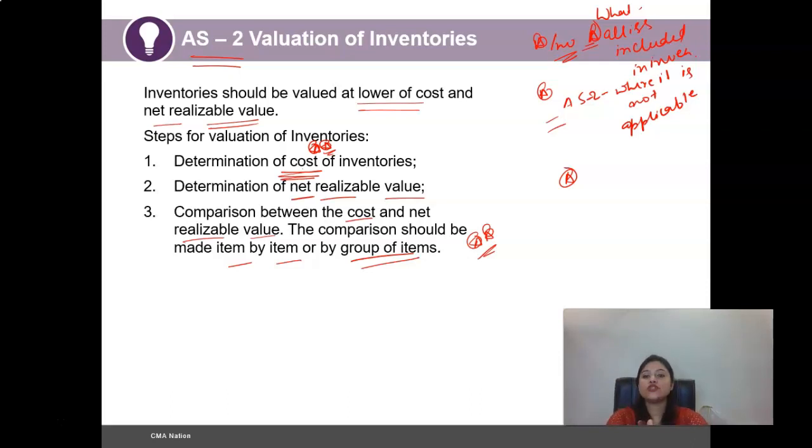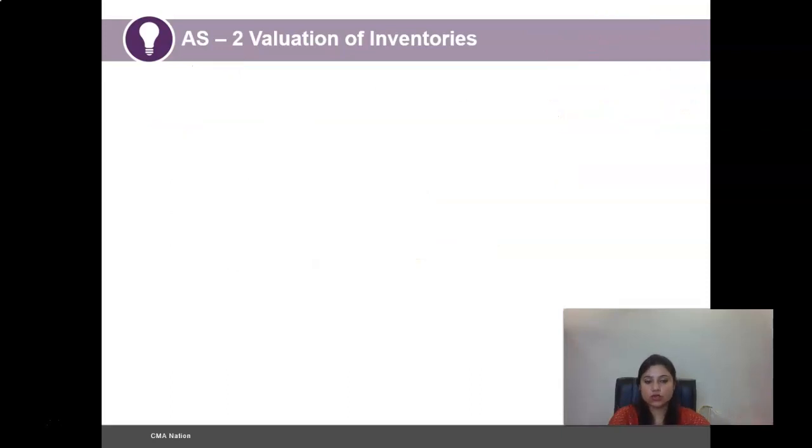Whether we should take the cost and net realizable value comprehensively, by totaling the cost of the inventories and totaling the net realizable value, or go item by item, needs to be determined and accordingly followed in the books of accounts whenever you are valuing the inventories. So it should be item by item.